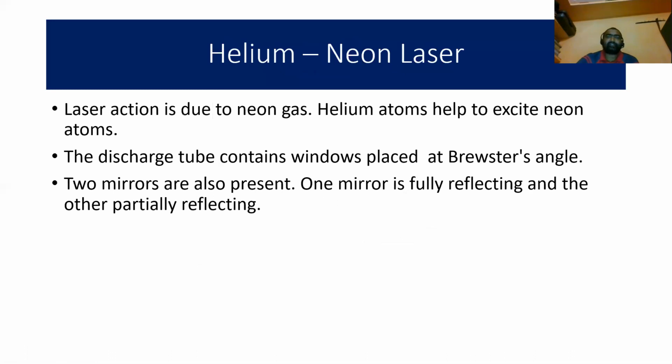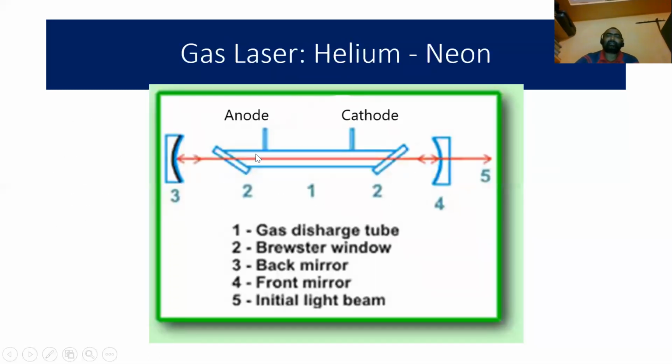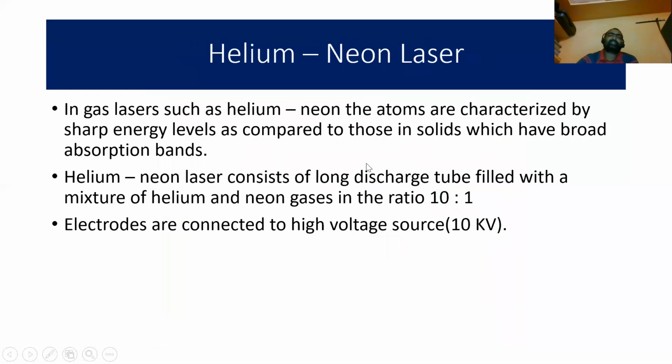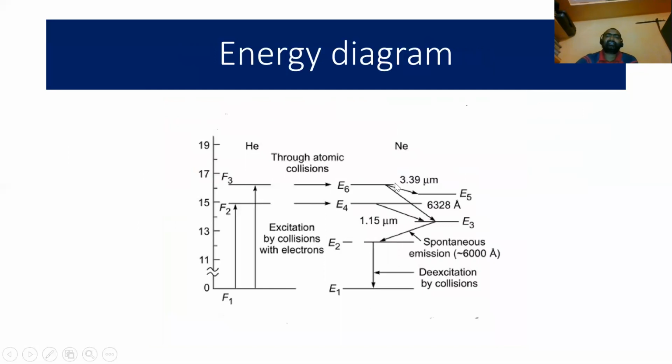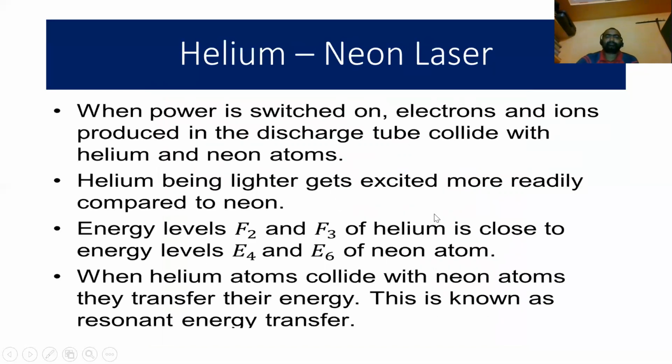So what they do is place some absorbent materials inside the gas discharge tube. Those absorbent materials will absorb these radiations, 3.39 micrometers and 1.15 micrometers. Only the output of 6328 angstroms remains.